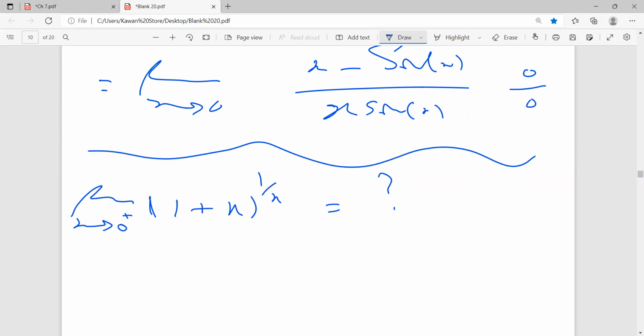First of all, we should what? Substitute. You are right. Okay, substitute. So it's equal to what? 1 over infinity. 1 to the power infinity.